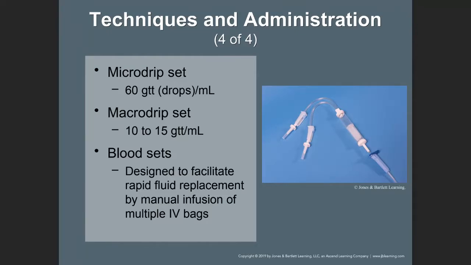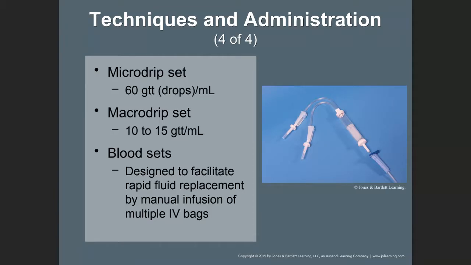The micro drip set is more for controlled administration or drug infusions. The macro drip set is usually for fluid resuscitation when a large amount of fluid needs to be administered. So macro is going to be more for your shock patients.